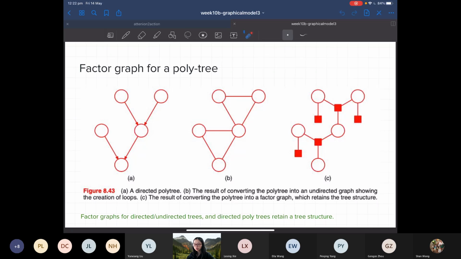I'm going to state without proof that factor graphs for directed and undirected trees, as well as directed polytrees, can retain a tree structure. We're going to rely on this statement to talk about how to do the sum product algorithm for inference.